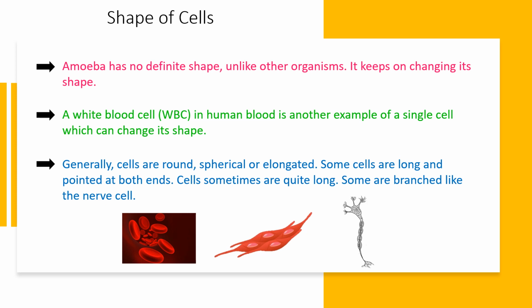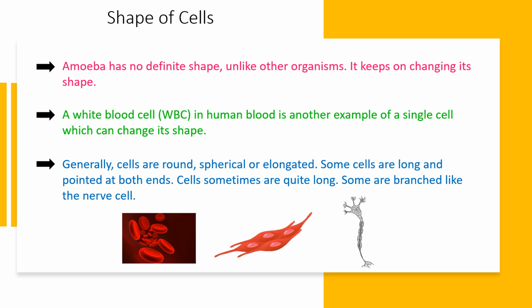They can be round, spherical, disc shaped, polygonal, rectangular, branched, or even irregular. So the shape of a particular cell depends on the specific function it performs. Every cell performs different functions, so there is a difference in their shape also.